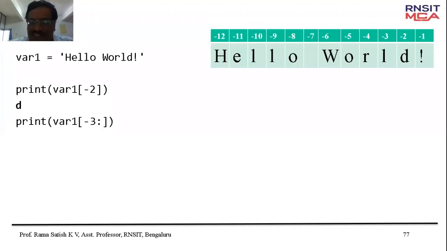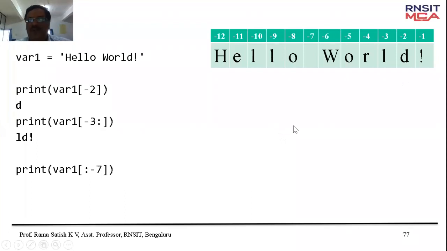The answer is LD exclamation mark. From -3 onwards it starts and goes till the end. Now, I think some of you are confused. It is not 3, it is minus 3. Yes, correct, Chandrasekhar. Okay.